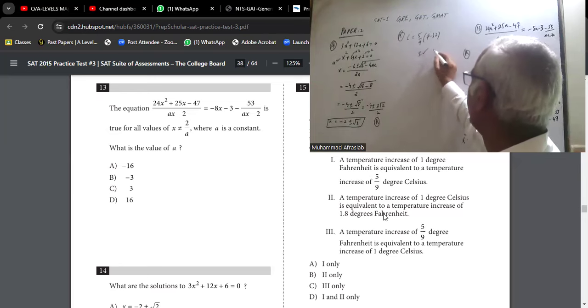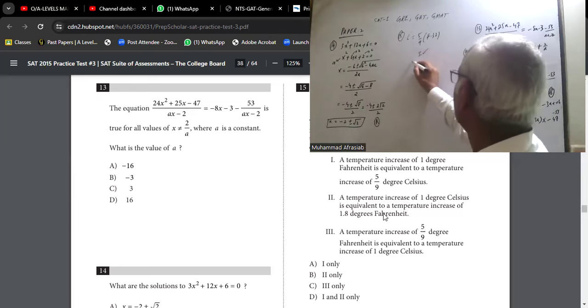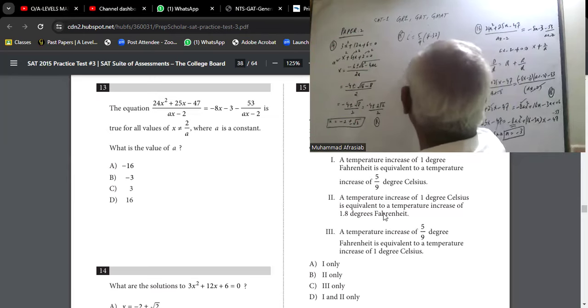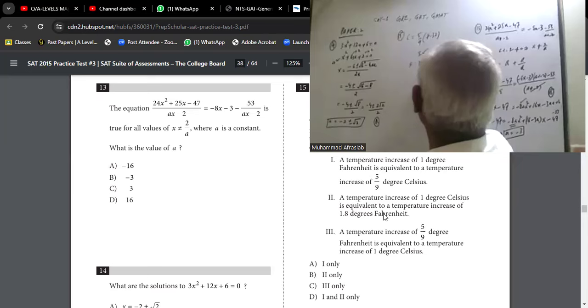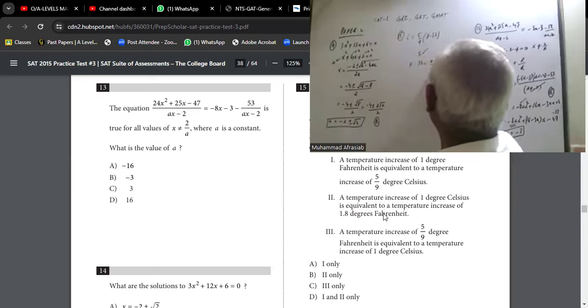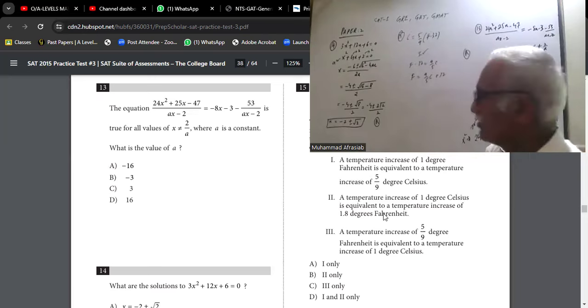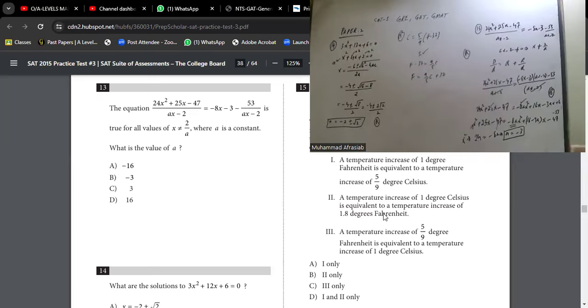Now the second part, if we change it, then F − 32 is equal to 9/5 C and F is equal to 9/5 C + 32. So the second is a temperature increase of 1 degree Celsius is equivalent to a temperature increase of 1.8 degrees Fahrenheit.